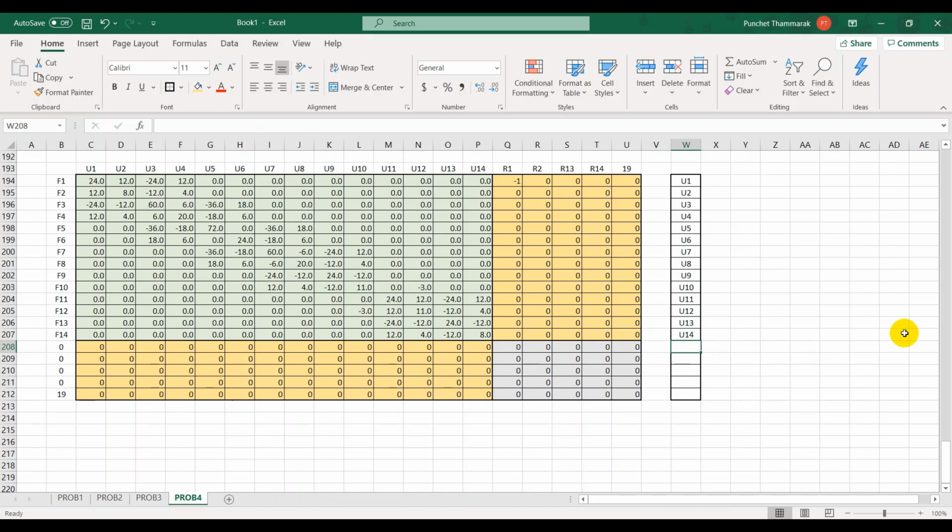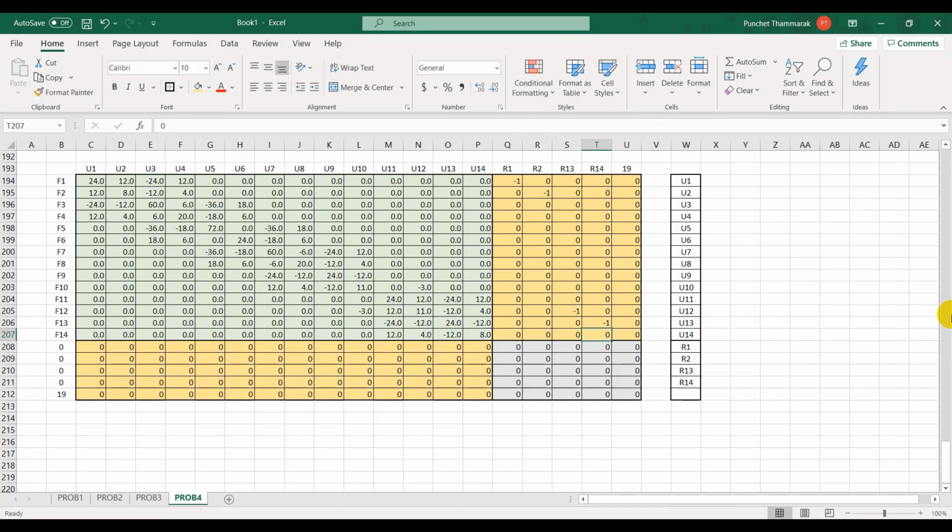Okay, and then we have R1, R2, R13, and R14. Center it. R1, R2, right? And then R13, minus 1, and oh, sorry, it should be this one, minus 1 here and minus 1 here.